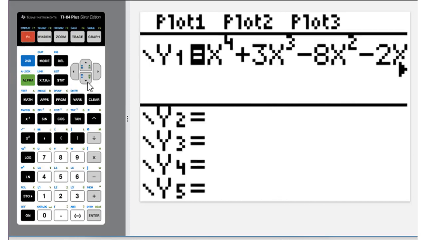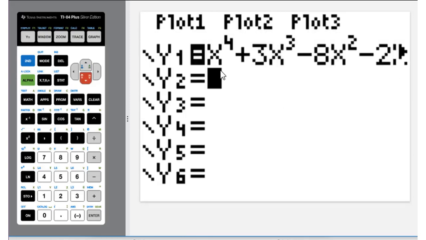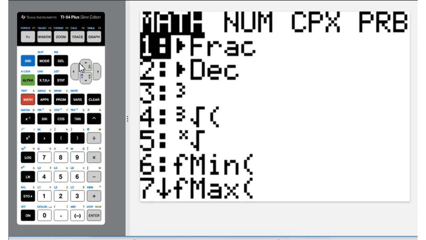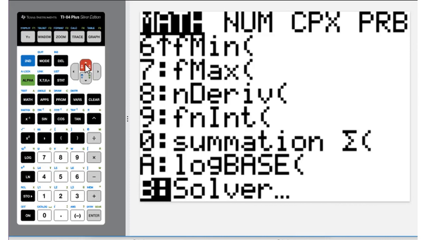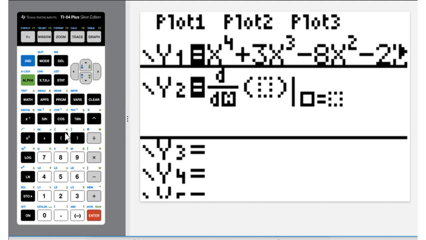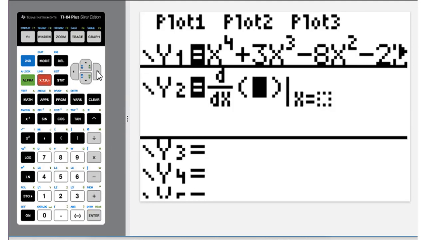We need to put a derivative for y1 and then the second derivative for y2. How do you get the derivative? We go to math. Then move the arrow to derivative 8. Then this will be x. This will be y1.